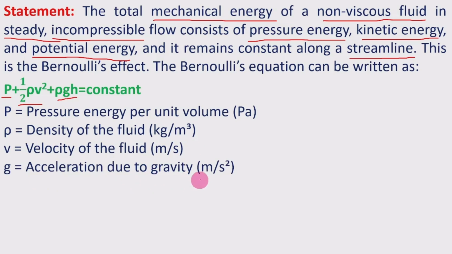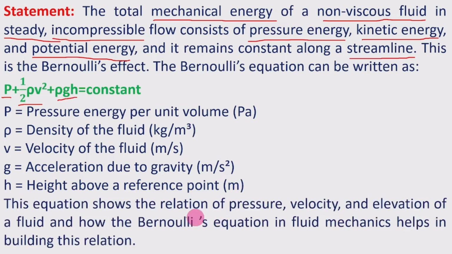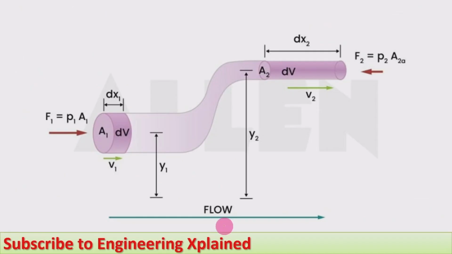G is the acceleration due to gravity in meter per second square. H is the height above the reference point in meter, also called elevation. This equation shows the relation of pressure, velocity, and elevation of a fluid, and how Bernoulli's equation in fluid mechanics helps in building this relation.